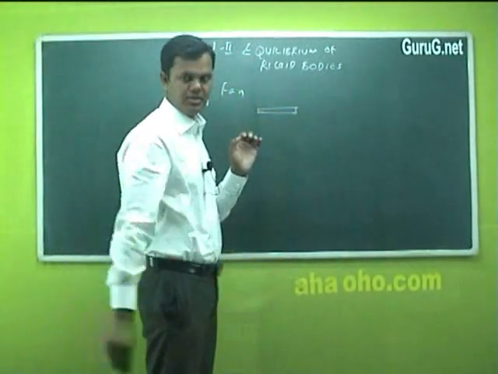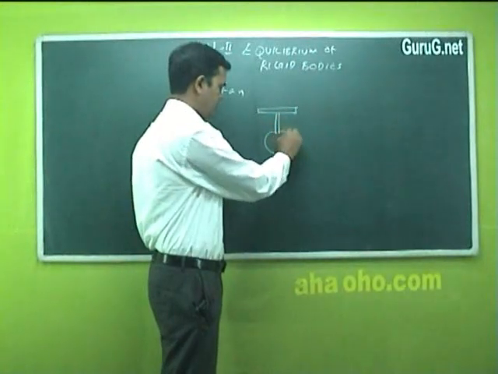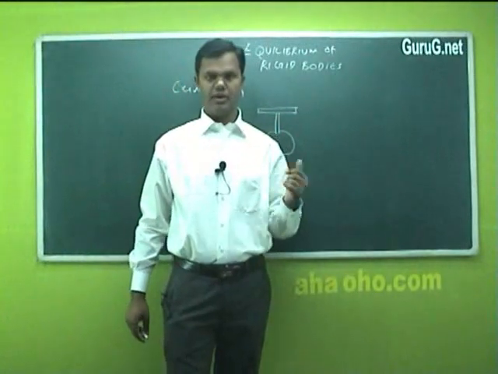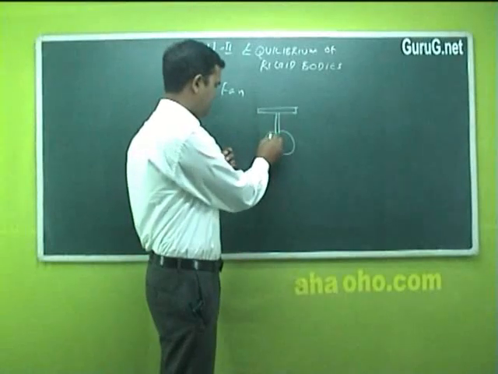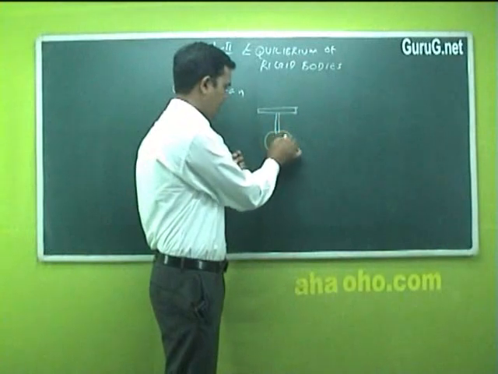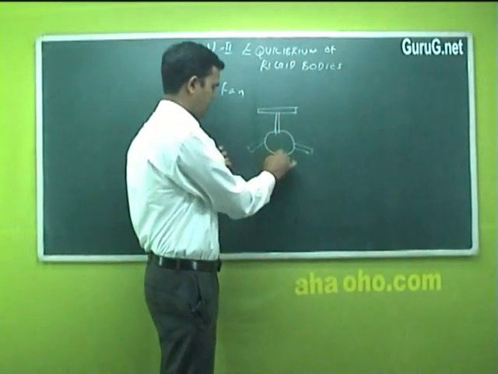Suppose you consider this is a fan. Right? This is the body. Okay. So this body, what happens to this? From the top it is connected here, and your fins, or the leaves, are there.